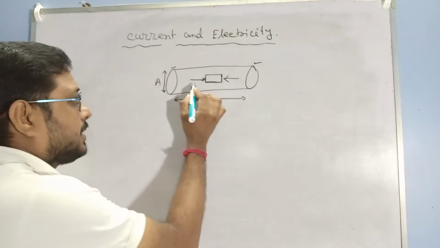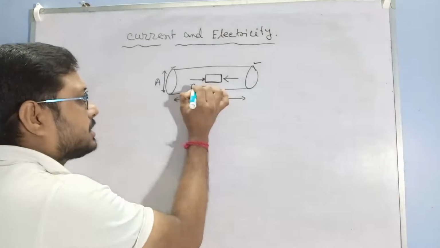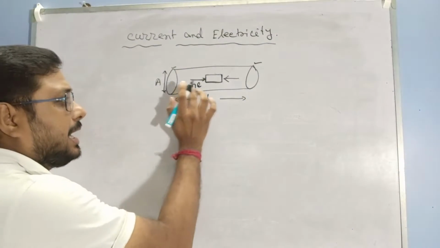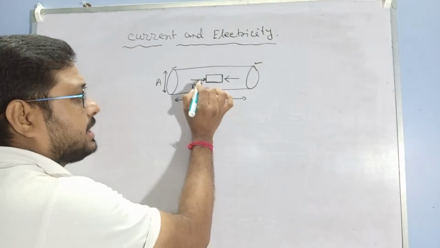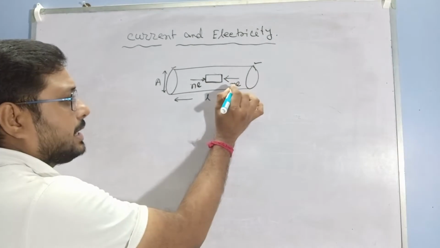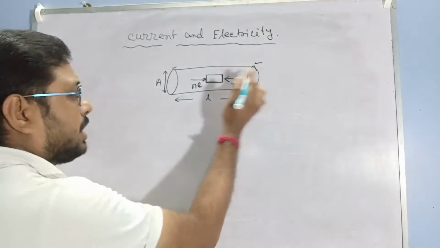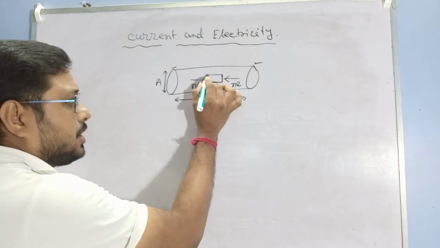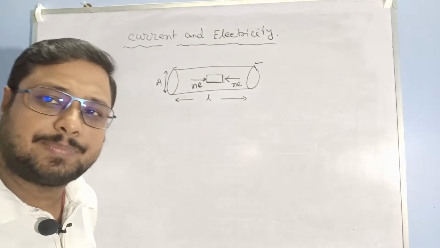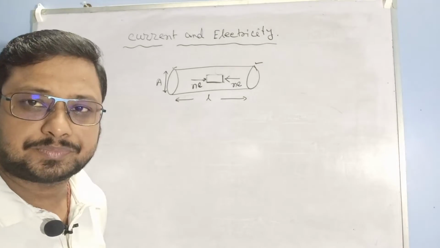If n electrons each have charge e, then n times e charge goes through this way and n times e charge passes in the opposite direction. Therefore, in any cross section of this conductor, the net charge or net velocity of electrons is 0.